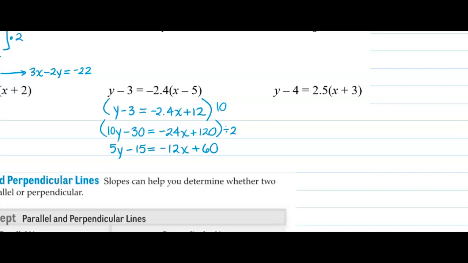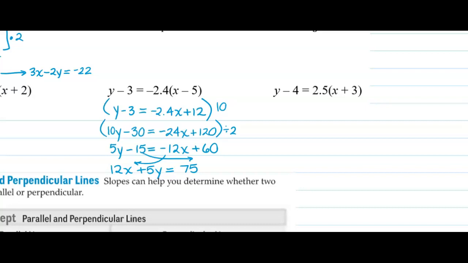I can divide 5, 15, and 60 by 5, but I can't divide 12. And these are even, but these are not, so I'm good. So now I'm going to put the negative 12x on the left side. I'm going to put the negative 15 over to the right side, and I end up with 12x plus 5y equals 75 when I add 15 to both sides and add 12x to both sides.